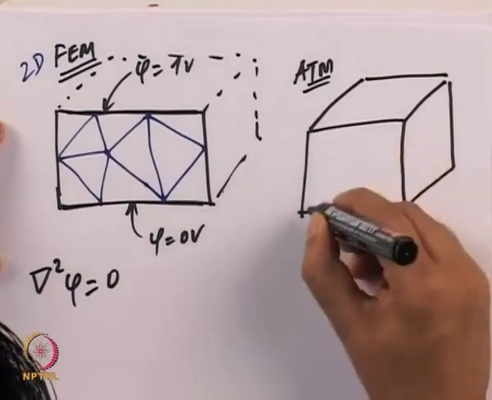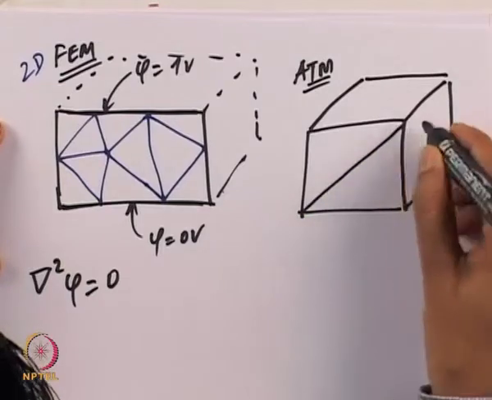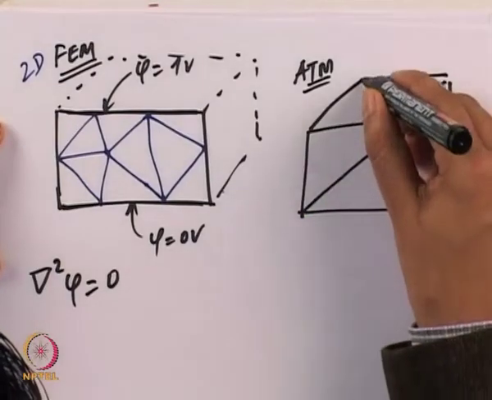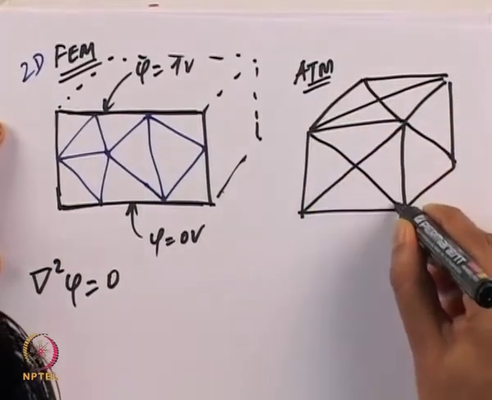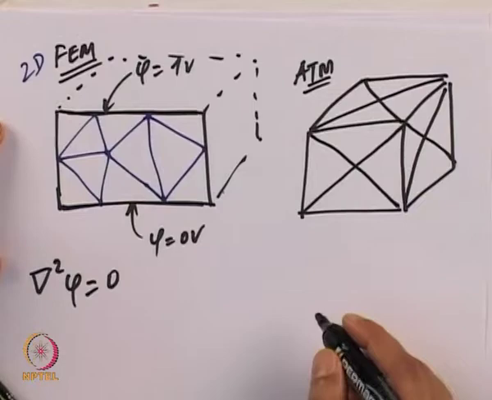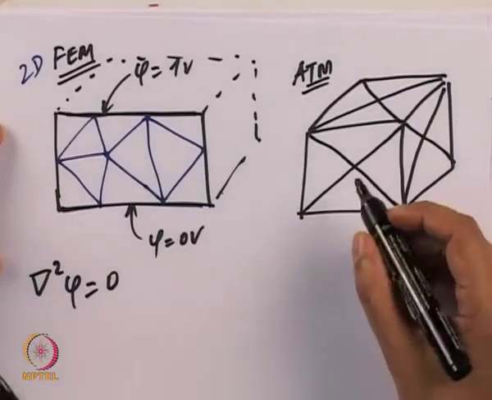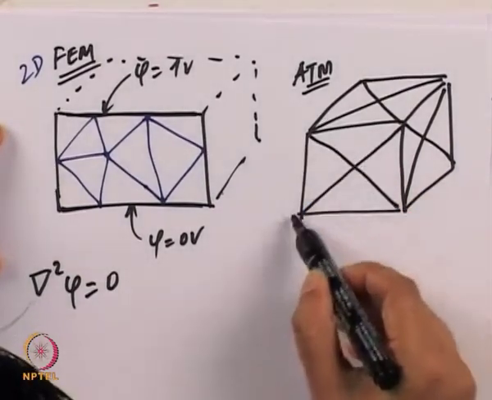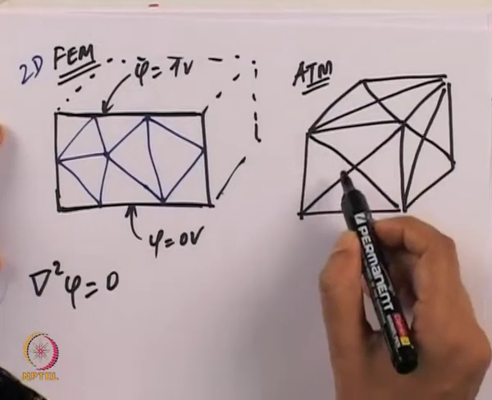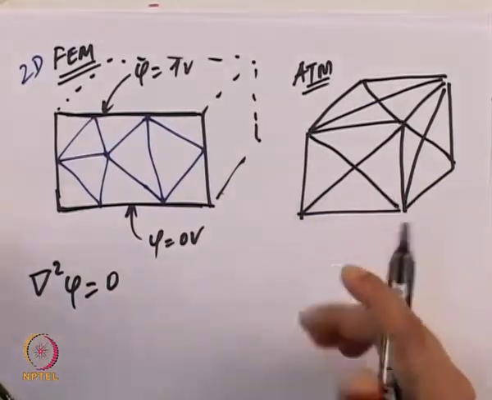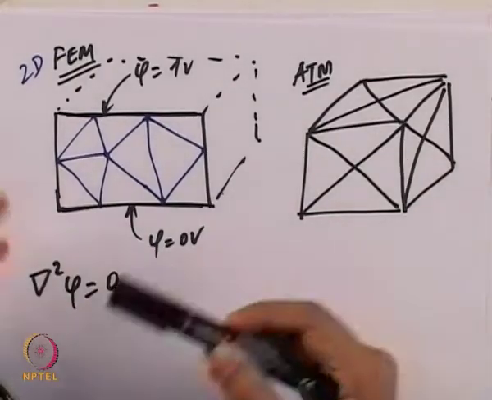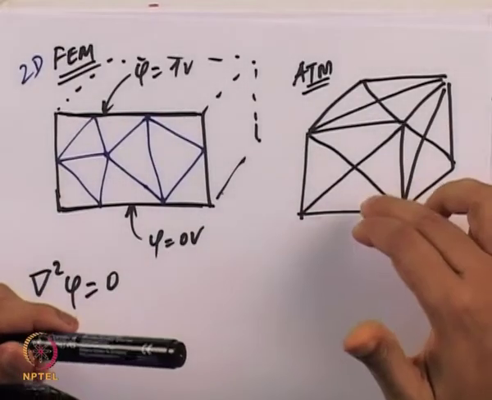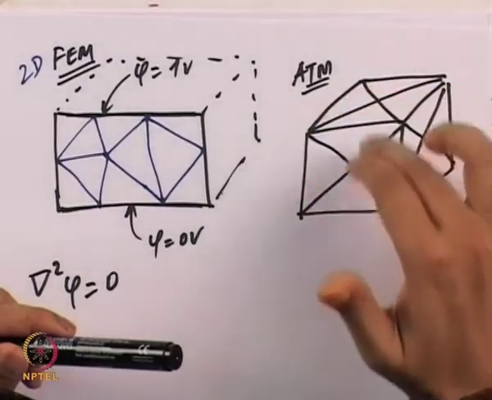So each face will have a certain number of tetrahedrals, and you can see each of these triangles is a side of a tetrahedral. You can imagine that there will be 4 triangles per face, and there are totally going to be 1, 2, 3, 4, 5, 6.